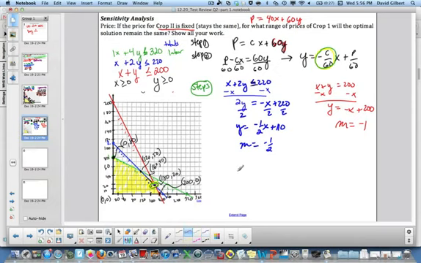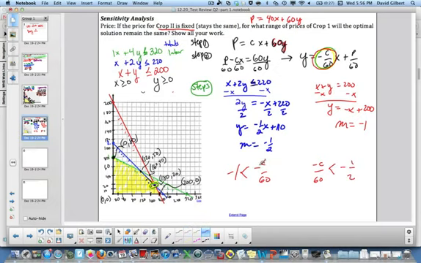So what we want to solve is our slope for our profit function, manipulating the price on crop 1, so the coefficient of x, that slope has to be greater than negative 1. Negative c over 60 has to be greater than negative 1, and then negative c over 60 also has to be less than negative 1/2.